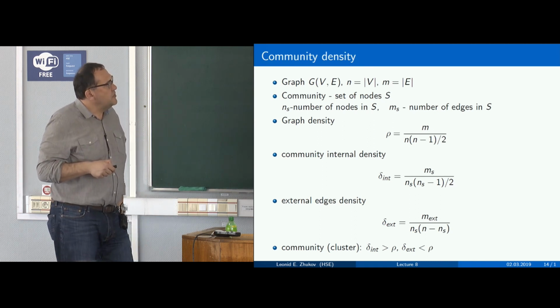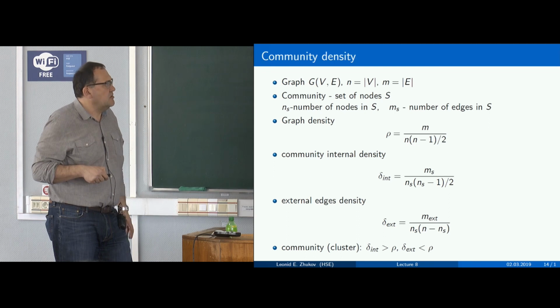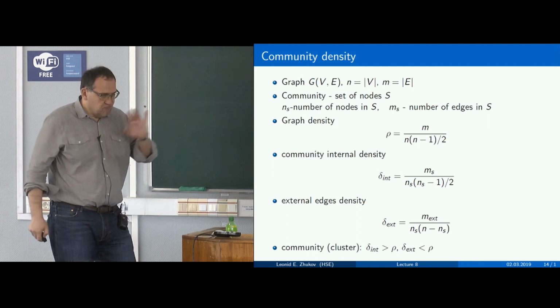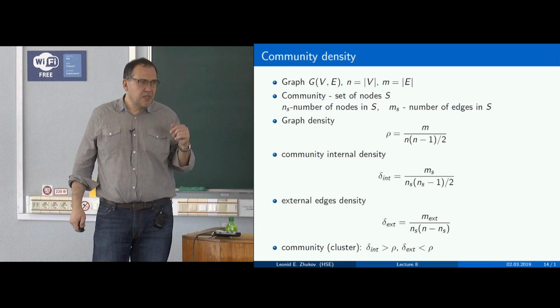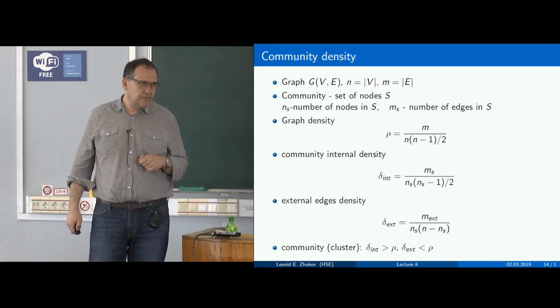You can compute internal density, based on the edges between nodes that are inside, and external density. Then you say, if internal is greater than the average density and external is less, then that's your cluster. Great idea, right? Where is the catch? Why can't you do it that way?